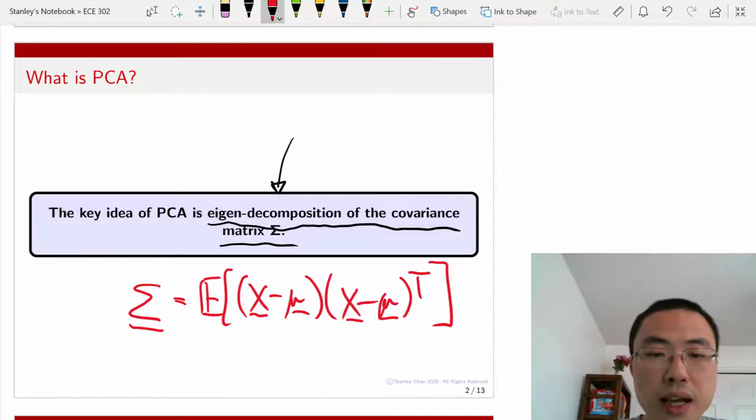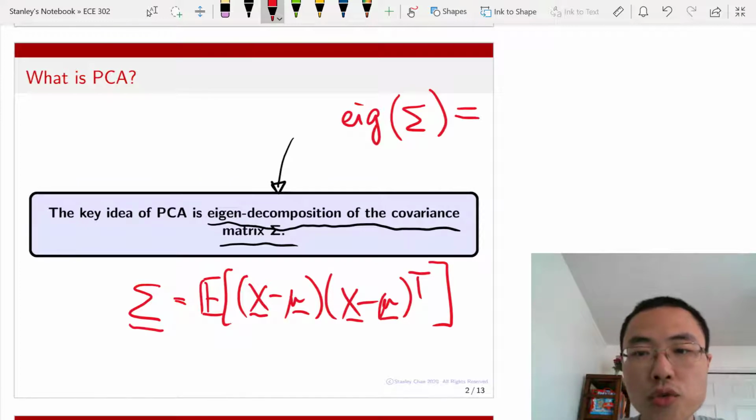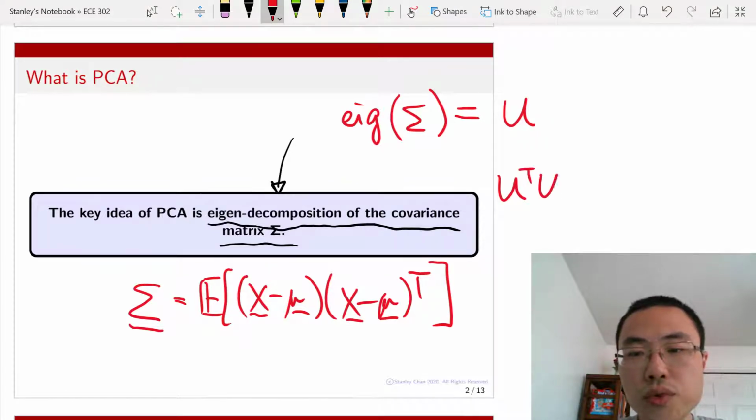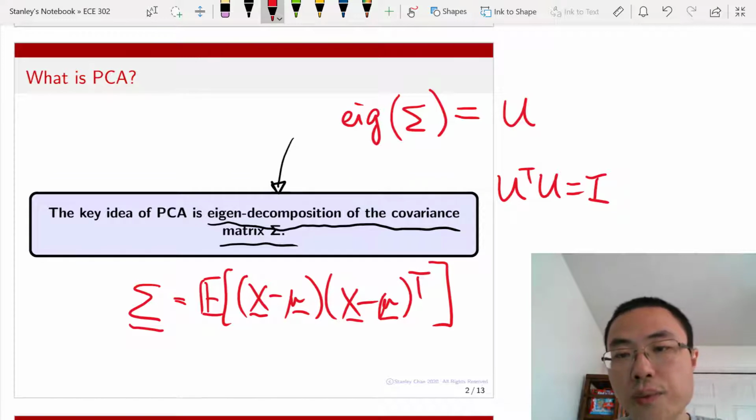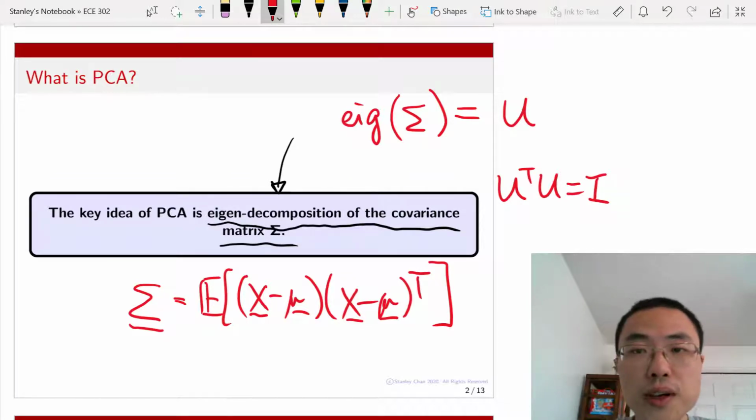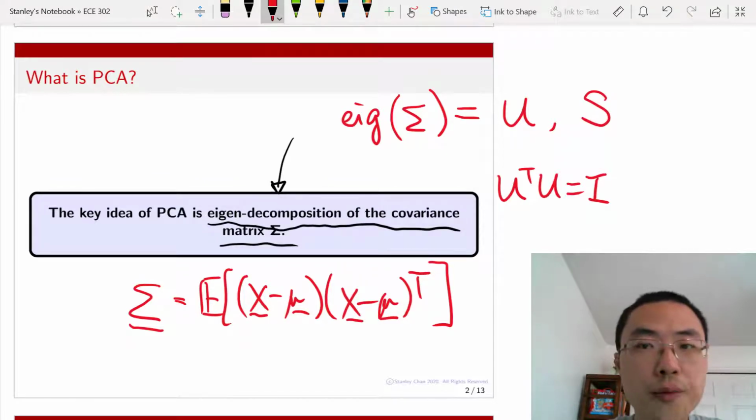And then, what do I mean by eigen decomposition? If you apply eigen decomposition on this covariance matrix sigma, you will be able to obtain a matrix U with certain property that U transpose U will give you an identity matrix, and therefore we say that the columns of this matrix U, they are orthogonal and they have unit norm. And then you will also get another matrix S, or sometimes I call them lambda.